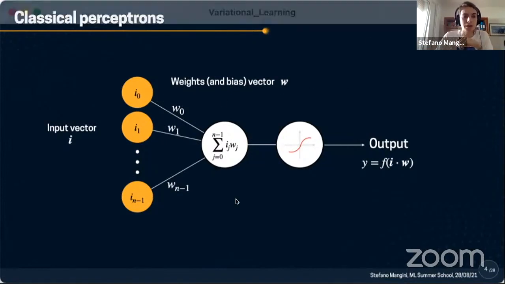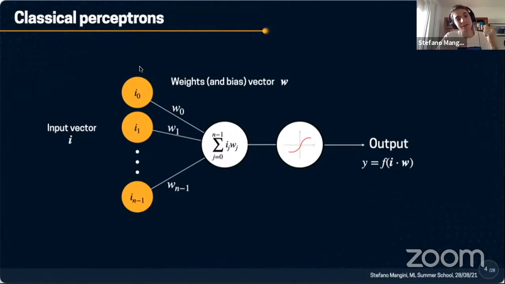All a perceptron does is receive some input data, which I denoted by the input vector I. This data can arrive from the external environment, from previous neurons, for example. It takes these inputs and multiplies them with some internal degrees of freedom of the perceptron, which are called the weights of the neuron, which are parameters which have to be optimized, which have to be tuned to do something.